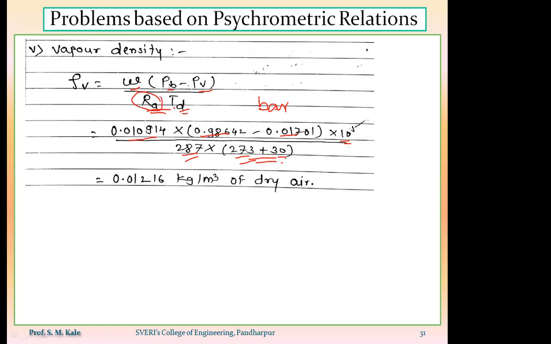By mistake, if you take the value of RA as a 0.287, your answer will be wrong. By mistake, if you take the value of PB and PV in terms of bar, again your answer will be wrong. By mistake, if you take the value of small w in terms of gram per kg of dry air, again your answer will be wrong. So this is very much important formula, and unit conversion is most important.